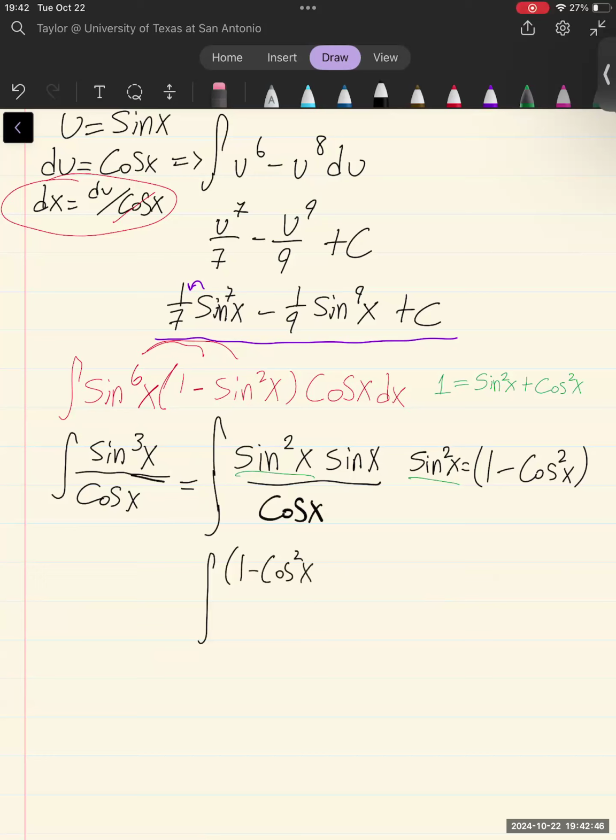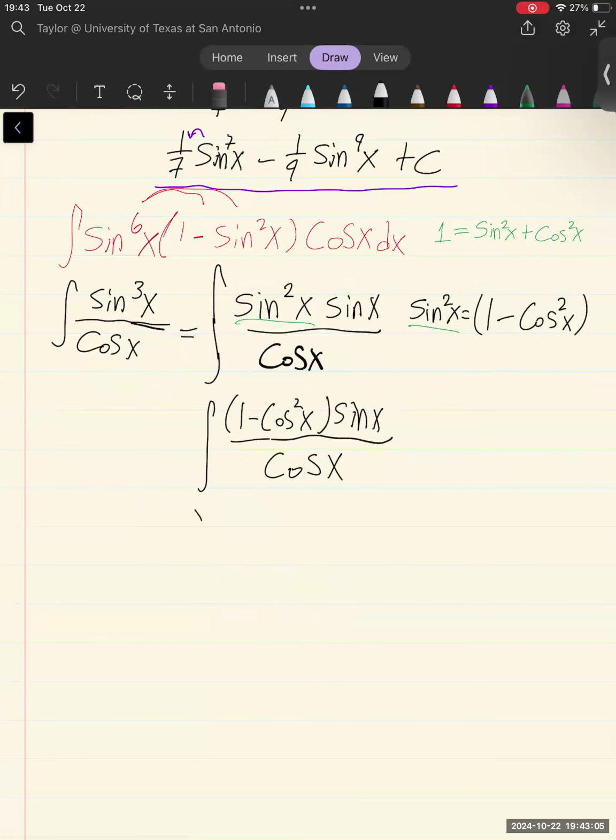Yeah, so then we would distribute, actually, hold on. Can we bring the cosine up to make it negative cosine to the -1? Are we allowed to do that?